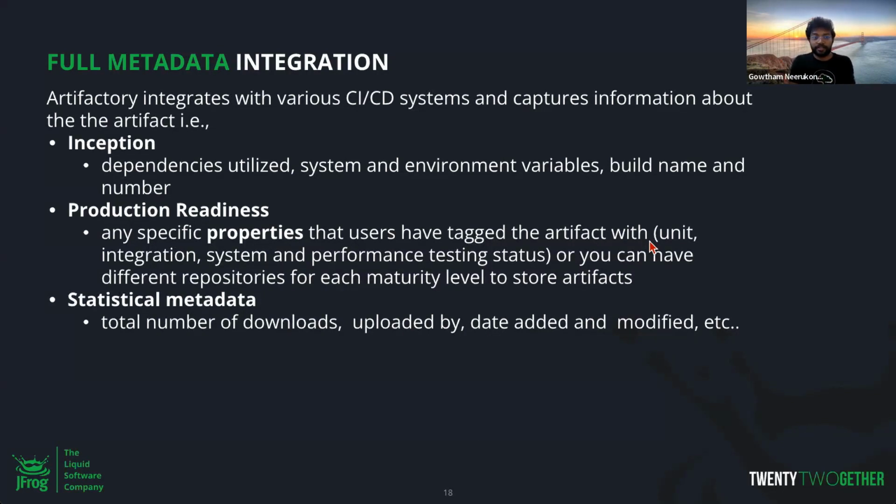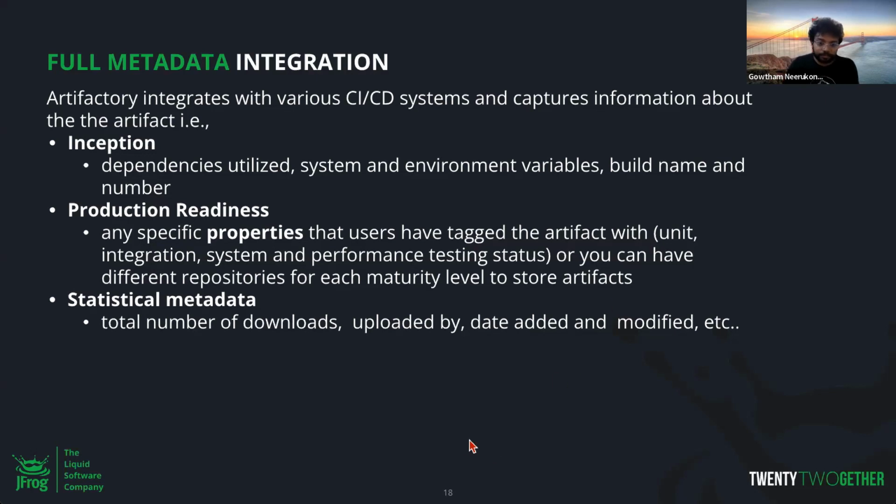A binary repository manager like JFrog Artifactory will be able to maintain the full metadata around the given artifact's consumption. And this metadata is of three types that Artifactory maintains. The first type of metadata is the information about the inception of a given software artifact.